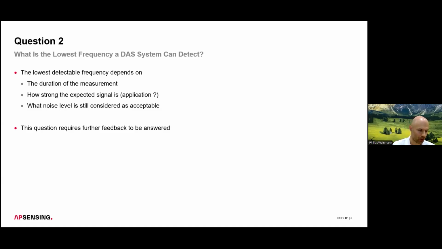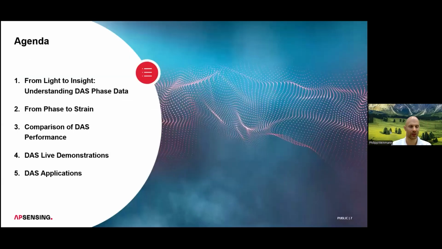All right. So this was about yesterday's presentation. The agenda for today's presentation is shown here. It's actually quite a lot of topics, so I hope I will stay on track with the time. We begin today's lecture right away with the main topic, namely with understanding phase data.